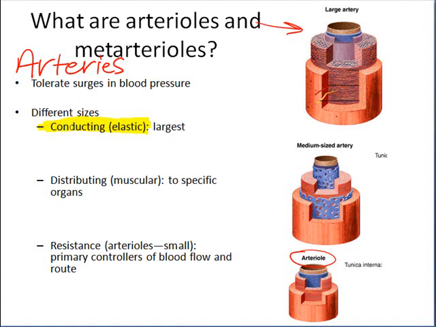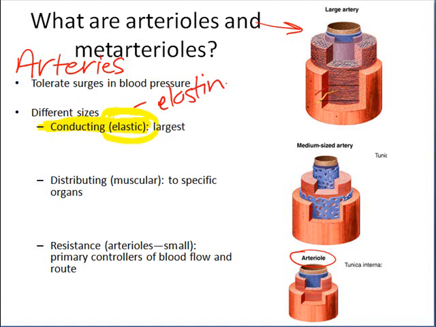Other examples are things like the common carotid, the subclavian artery, common iliac artery. Those are all examples of these conducting arteries. They conduct blood to major portions of the body. They're also called the elastic arteries because they have a lot of elastin fibers present in them, and this promotes a great deal of ability to recoil when stretched.